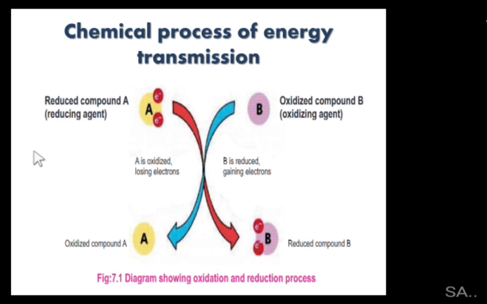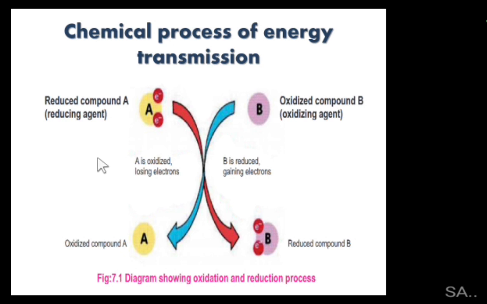So there is a gain of electrons, or a gain of protons, in reduction reactions. On the other hand, in an oxidation reaction, there is addition of oxygen as well as the loss of electrons and loss of protons.